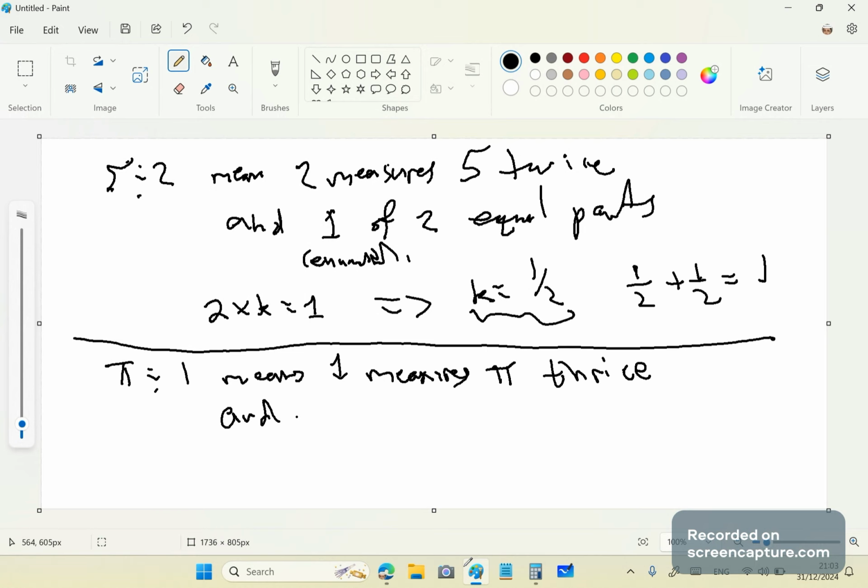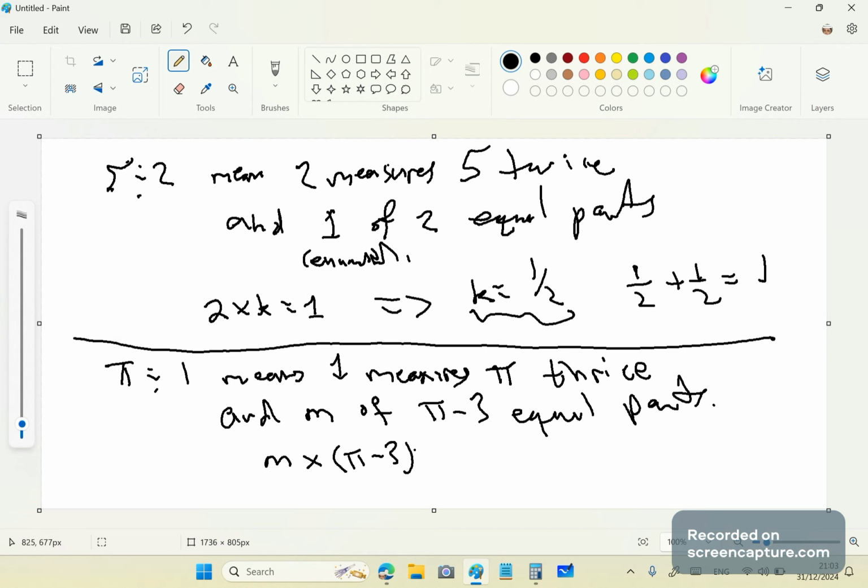So it's got to be, let's say, m of pi minus 3 equal parts, right? Can you see the mistake he made? Because this m has to be an enumerator, right? So this means that m times pi minus 3 must equal 1, right? Which implies that m is equal to 1 over pi minus 3.